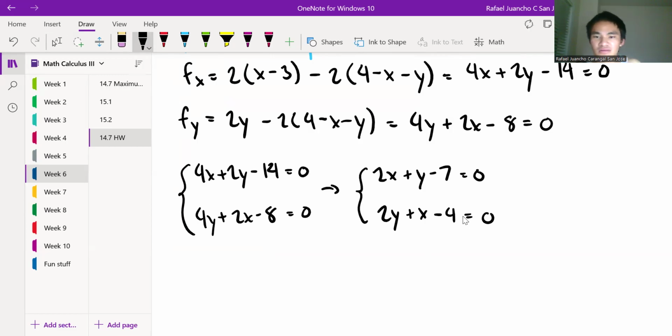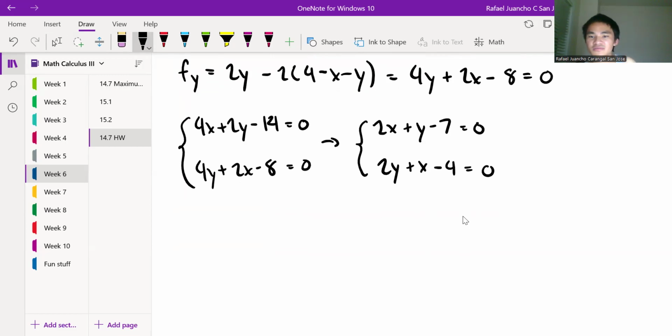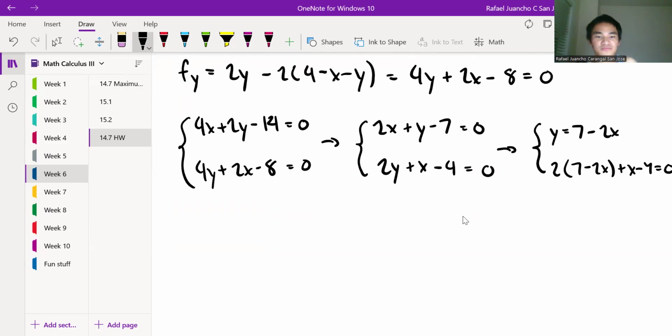Yeah. And then from there, I just keep on going in my system. So here I get y is 7 minus 2x. And so I just plug that in here. So it's 2 times 7 minus 2x plus x minus 4 equals 0.